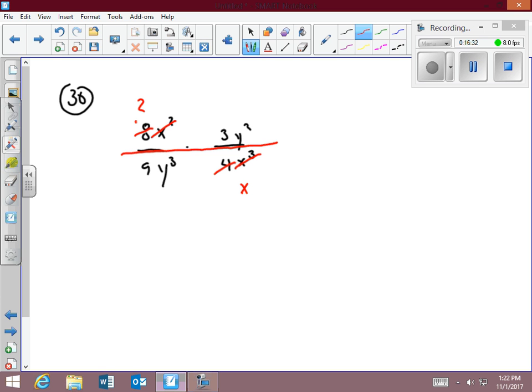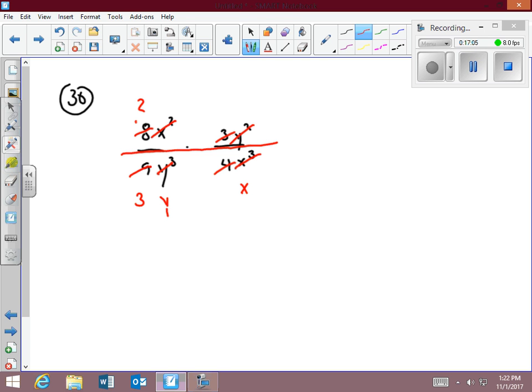You have a 9 in the denominator that you can cancel with. That 3 would go away in the numerator, and if you took a 3 out of 9, you'd have a 3 left, right? Now, the next variable across the top is y squared. You have a y cubed in the denominator. What would happen? You just have a y in the denominator, right? Take a y squared out.